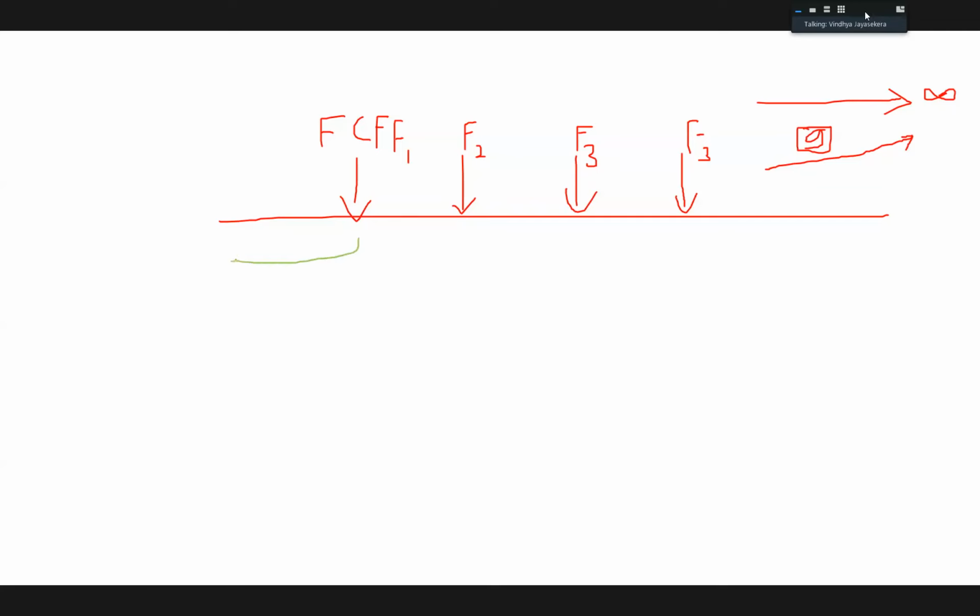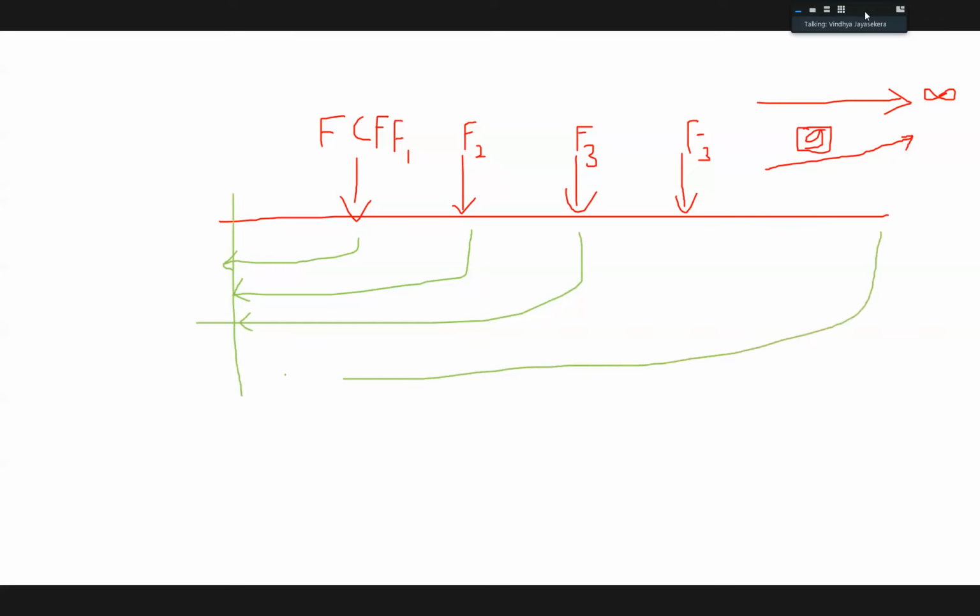So I discount each of these cash flows to today's value. All of these future cash flows to today's value. Now, once I discount and I add up all of these future cash flows, what do I get?